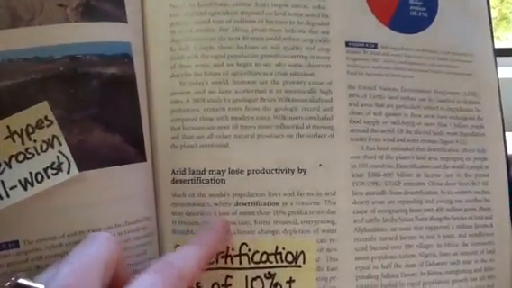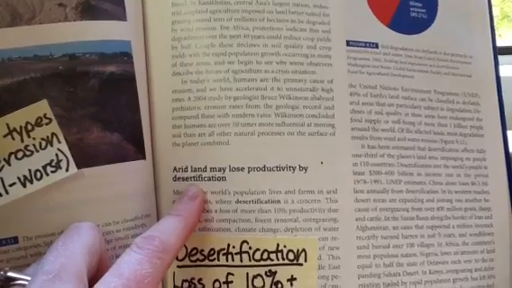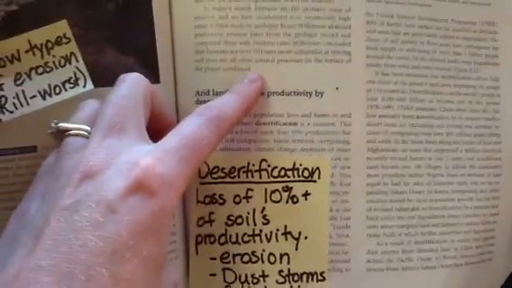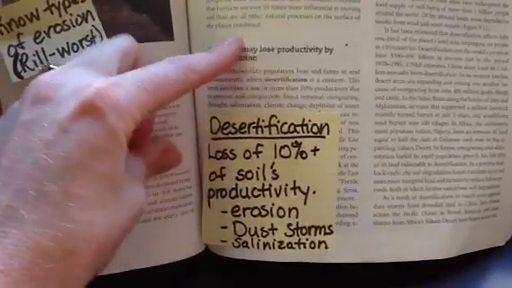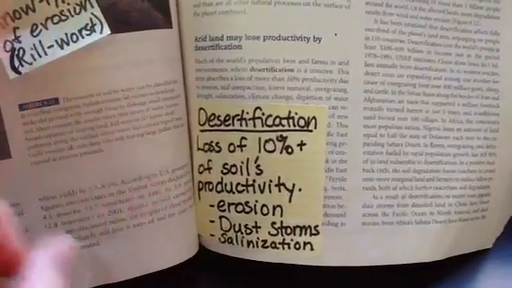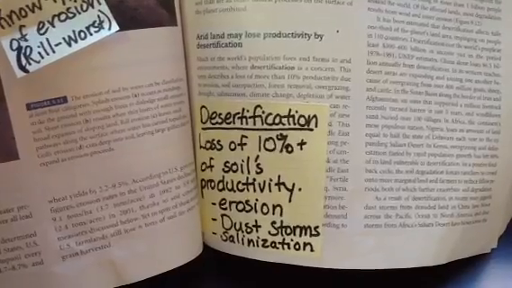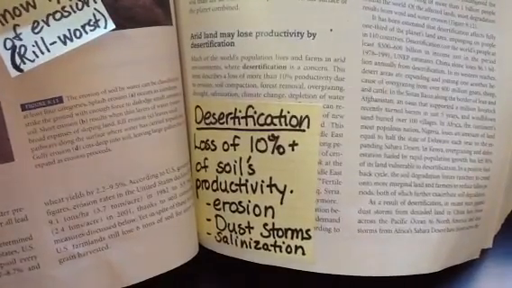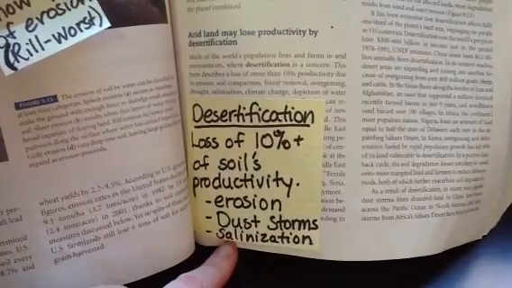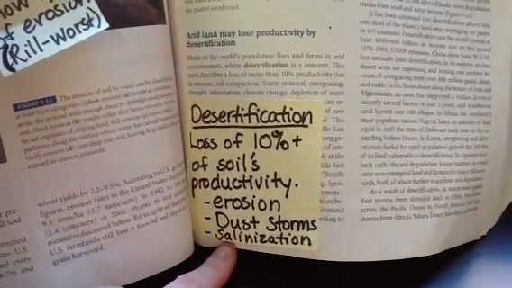Moving on to 259, under arid land may lose productivity by desertification. Let's talk about the word desertification. Desertification is the loss of 10% of the soil's productivity through erosion, through dust storms, through something called salinization, which we'll do a lab for. It does not mean turning into a desert.